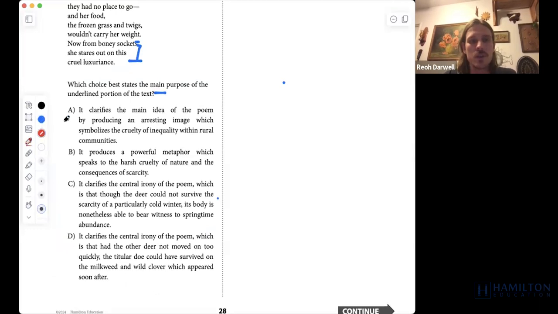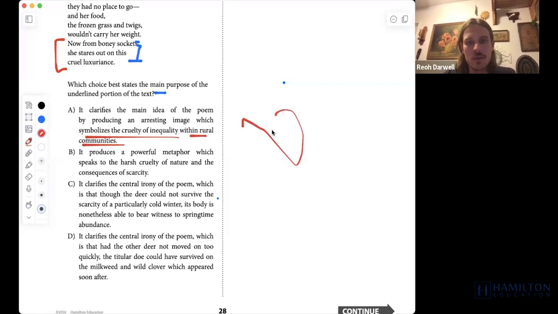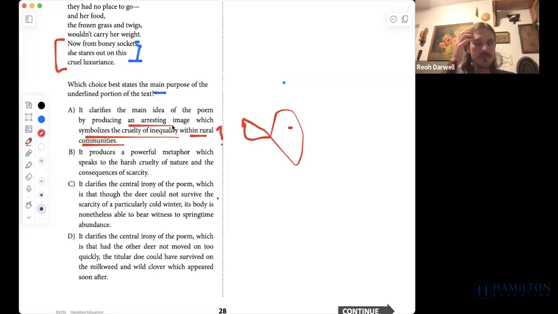What does this portion right here do? This is what I would call a half right and Finding Nemo distractor. That's a fish right there. You can tell because of the eye. So symbolizing the cruel inequality within rural communities, where on earth would you get that from? Is it an arresting image? Yes. But is it that? No.